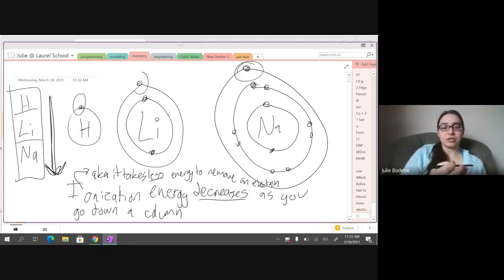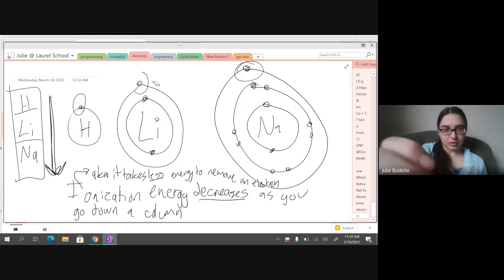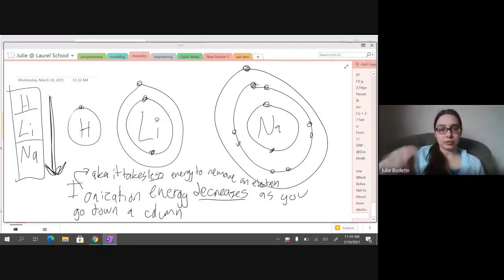Well, it's electron shielding, right? Okay, so electron shielding. This electron is attracted to this positive nucleus, but it's got all of these negative electrons in the way, right?